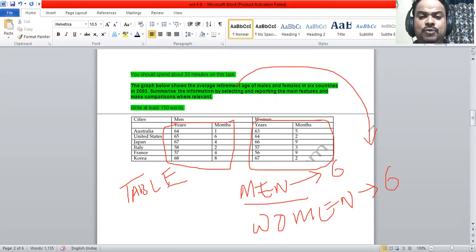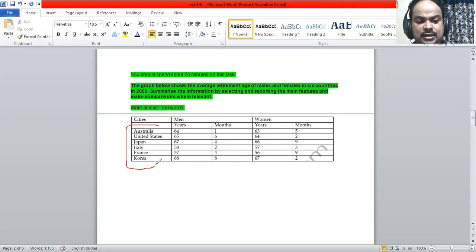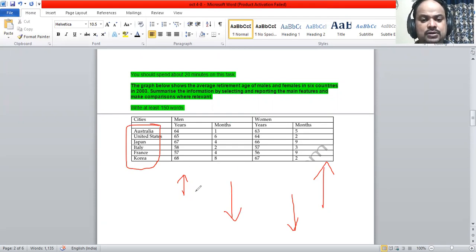So more often you have to say retirement age. In order to avoid this situation, the second type of comparison is based on the countries, focusing on countries. We can go from the highest to the lowest, or the lowest to the highest, either way. Mostly we prefer going from highest to lowest.